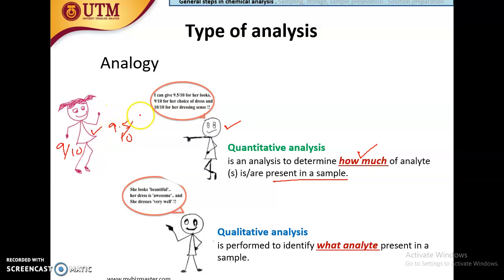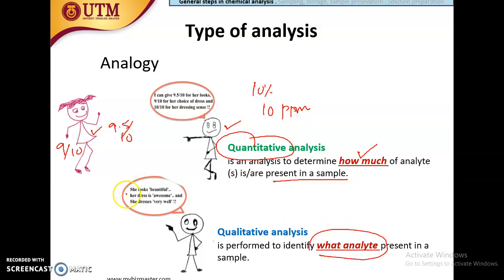As long as a numerical value is involved, that's what we call quantitative. It doesn't matter if it's 10%, it doesn't matter if it's 10 parts per million in chemical analysis, as long as numbers are there. While qualitative analysis is performed to identify what analytes are present in the sample.